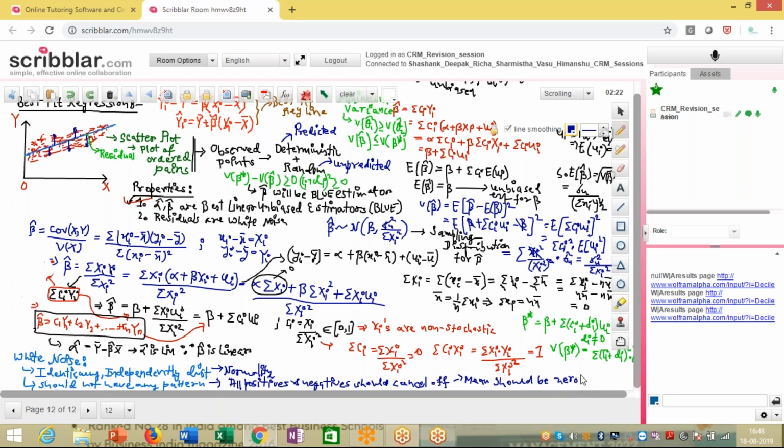So all the positives and the negatives should cancel off, and hence what it would imply over here is that the mean should be 0. So this is something that we need to check. And if it is absolutely random, then the variance should not increase or decrease, right? It should be flat, it should be constant.